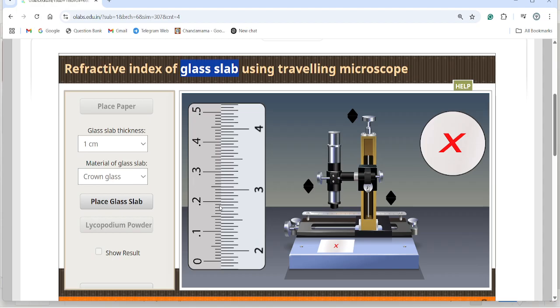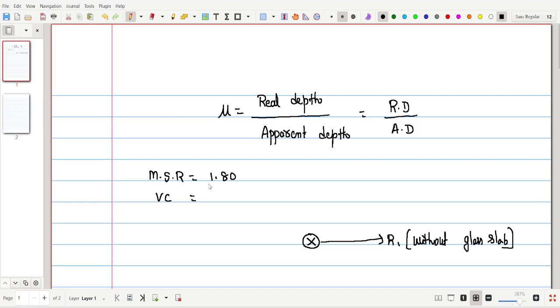So now it is 20, 21, 22, 23. Exactly at 23, so I am taking 23. Vernier coincidence is 23.